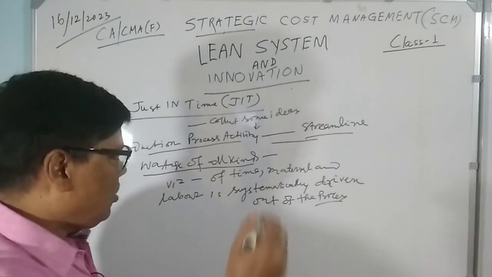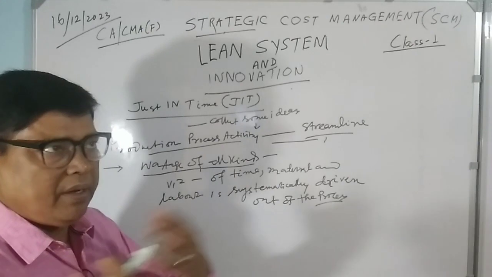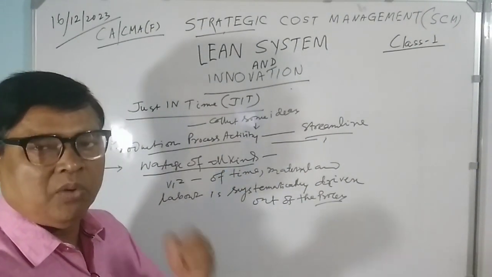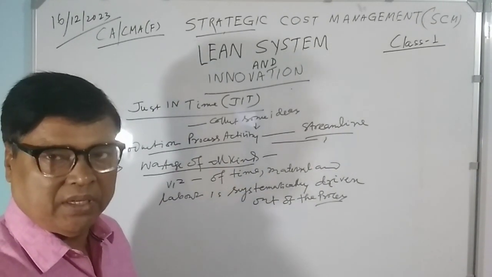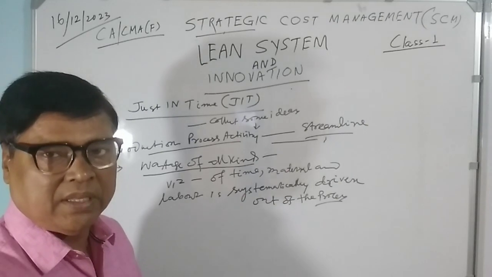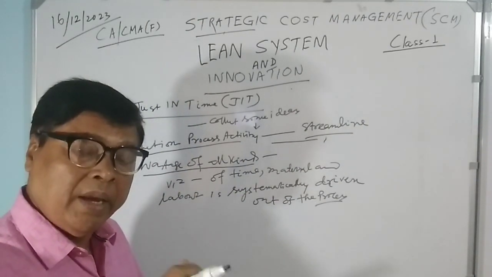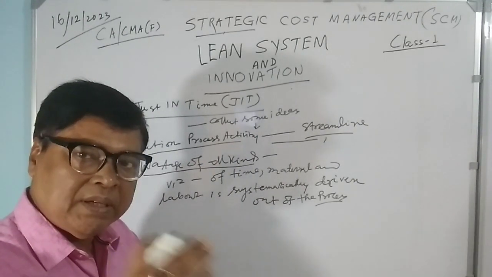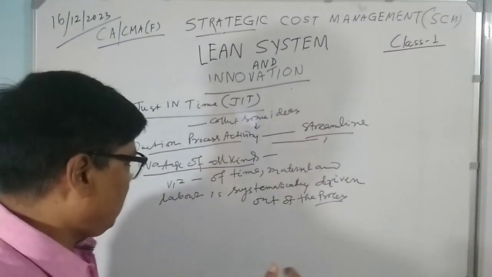So you have to streamline that, because whenever you do not streamline, what will happen? You are just purchasing, just manufacturing. Nobody is there to see whether your wastage is there or not, whether your defective products are coming or not. If you have to see the practical angle, you have to visit any factory. Practically what production process is going on, that you have to understand.